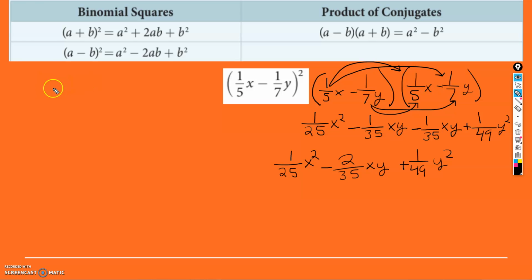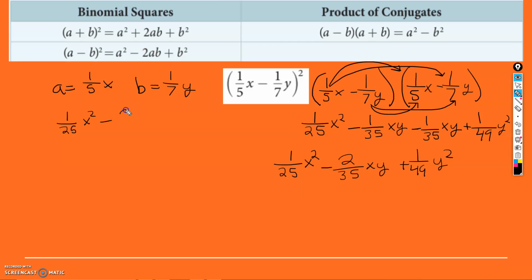If we ran it through our formula, which is this guy down here, then a is equal to 1/5 x, and b, which is the second term, is 1/7 y. We're running through the subtraction. Okay, a squared: 1/5 squared is 1/25, x squared is x squared. Put a minus sign. Then a times b: 1/5 times 1/7 is 1/35.